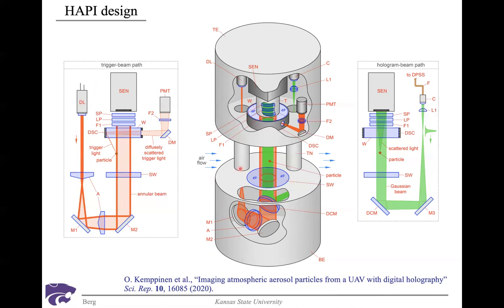If a particle in this airflow here comes in and strikes the outside of this annular beam, we've got a situation that I'm showing over here, where it will scatter some of this light. That light goes up into a thick window. Here's the thick window. Now, most of it just goes through the window, but a small amount of it will strike the edge of the window where we've painted a reflective coating.